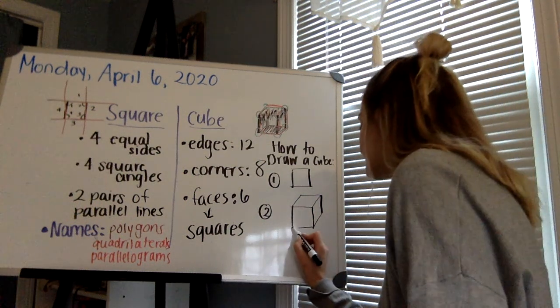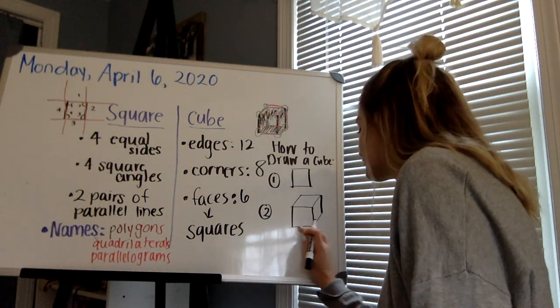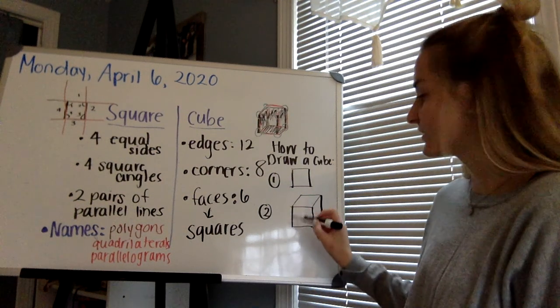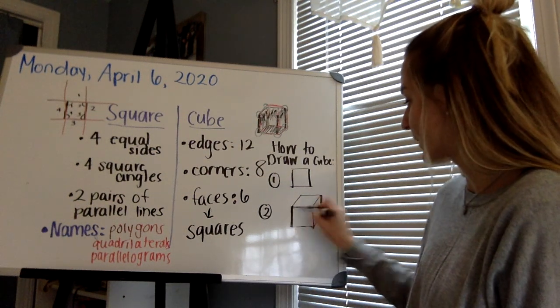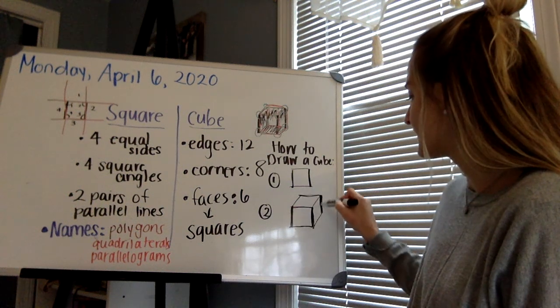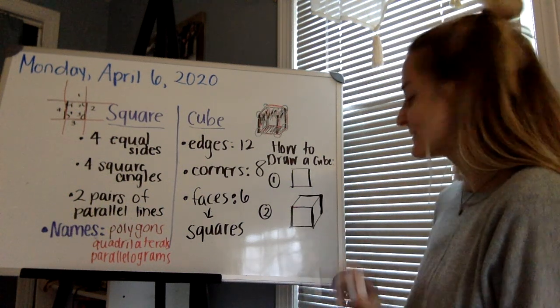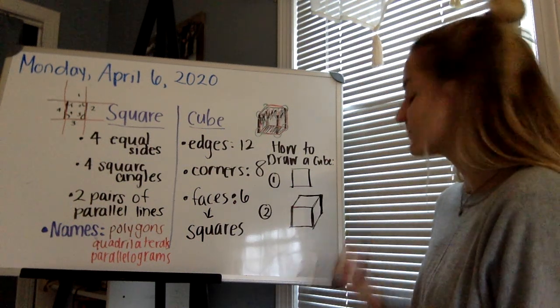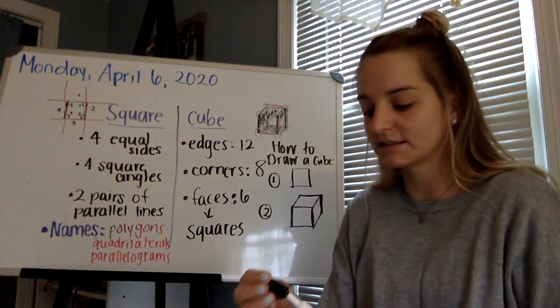So if me or Miss Palmer said, okay, please draw a cube, you would first draw your square, okay? Then you would draw this L shape, upside down L shape, then you connect them. So go ahead and practice that if you want.